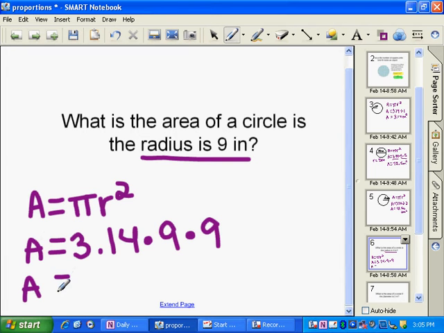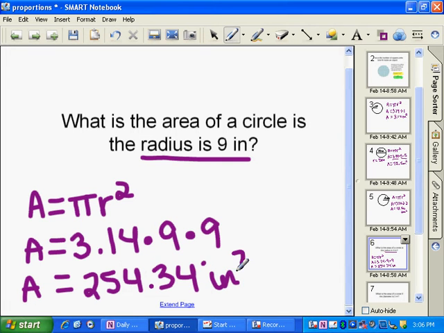I'm going to put all this in the calculator. Sorry, I can't do this one in my head. And that is 254.34 square inches.